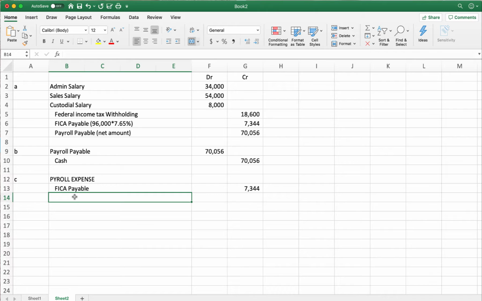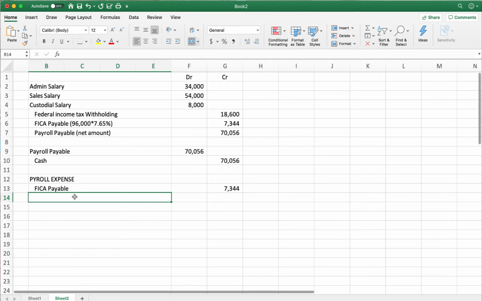In addition to that, the employer, or the company rather, is subject to additional taxes. State unemployment tax, which is 5.2%, and federal unemployment tax, which we call FUTA, F-U-T-A. Okay? So, we're booking the employer's portion now.